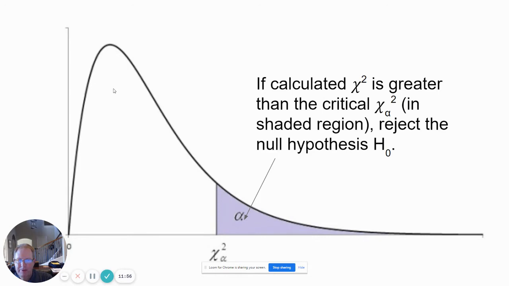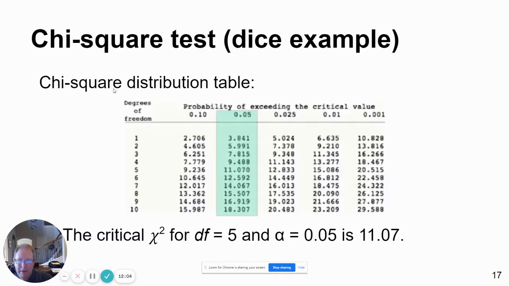So a chi-squared statistic that is greater than my critical chi-squared means I reject the null. So let's look at it from the perspective of a chi-squared distribution table. And this is one of the tables that you will have available to you on the AP exam. So we have 5 degrees of freedom.